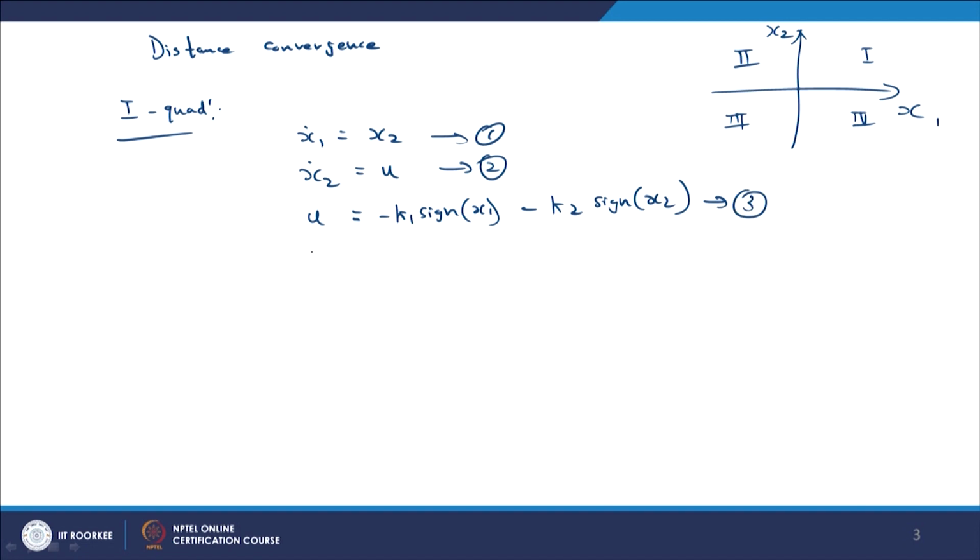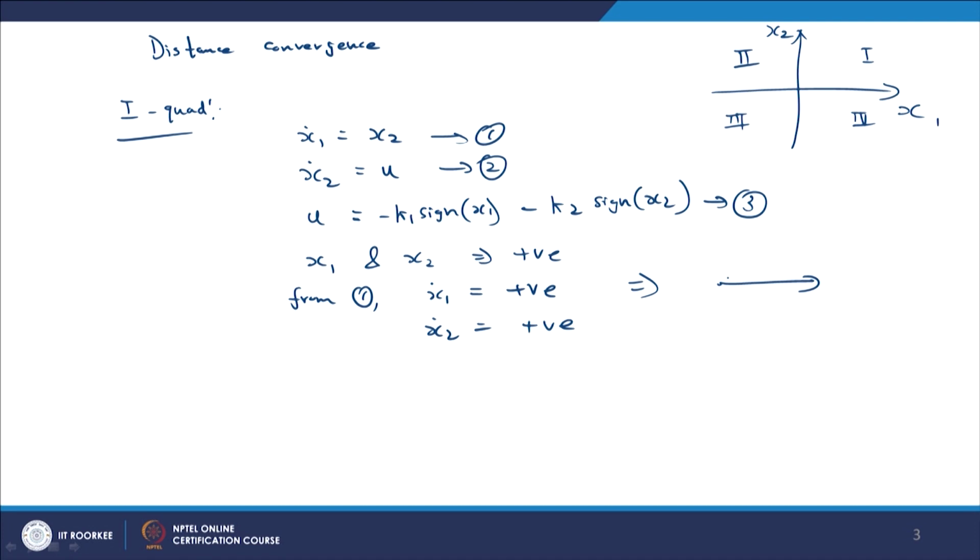So, in the first quadrant both x1 and x2 are positive. From 1 we have x1 dot positive and x2 dot also positive. So, x1 dot positive implies this is the direction of x1 dot.